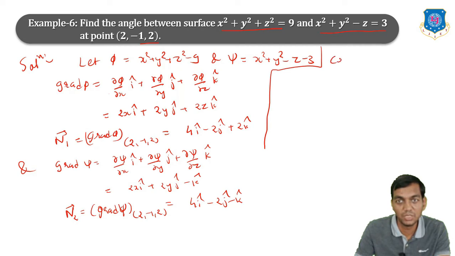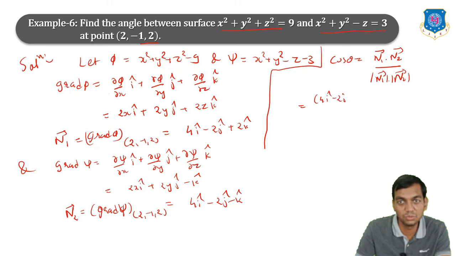So the angle is given by cos theta is equal to n1 dot n2 upon mod n1 into mod n2. Correct? Now n1 is your 4i minus 2j plus 2k. Sorry, plus 4k, since 2z will be 4.